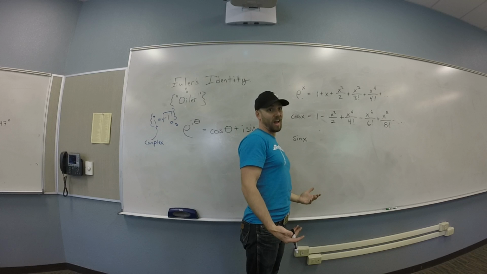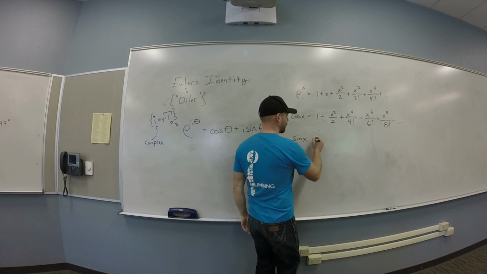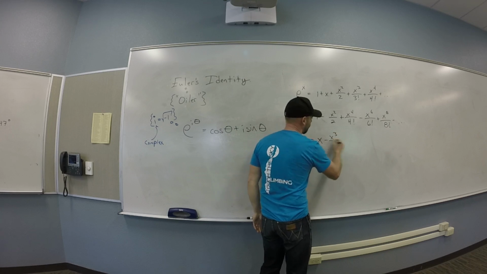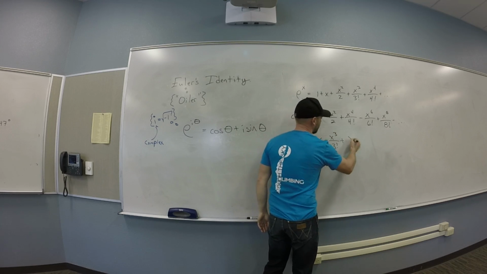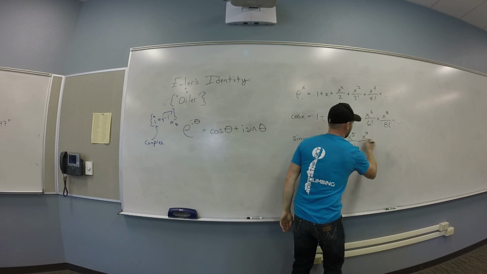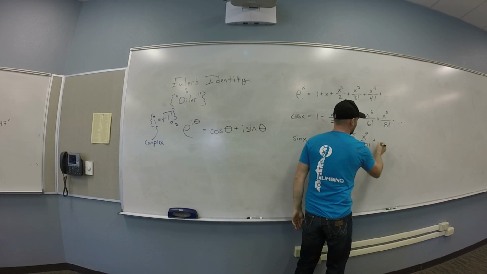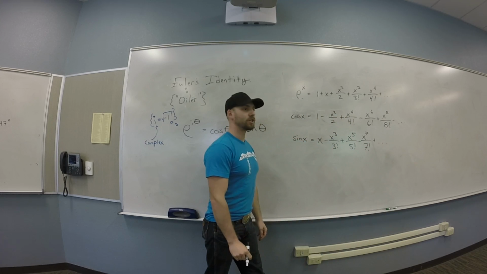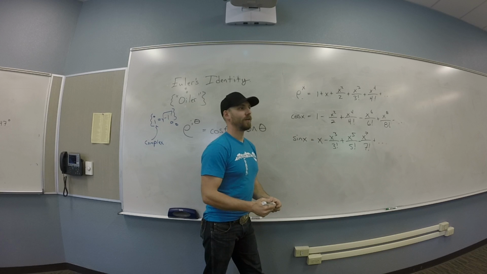Sine. So you do this for sine, and you get x minus x cubed over 3 factorial plus x to the 5th over 5 factorial minus x to the 7th over 7 factorial, and so on. There's no 1, because the 1 is already included in cosine.